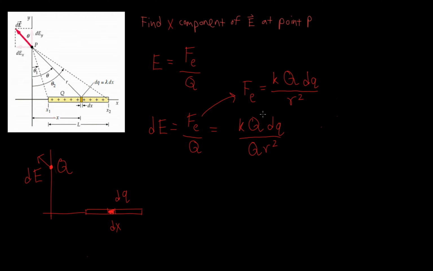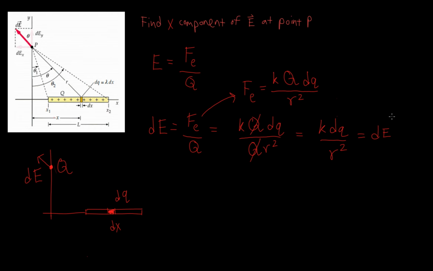We can simplify this further because Q divided by Q, those will cancel out. And what we're left with is K, Coulomb's constant, times dq divided by r squared. That will equal the really small amount of electric field at point P, which is this point right here.